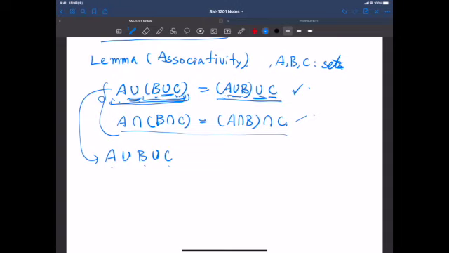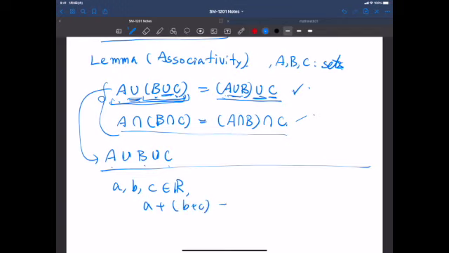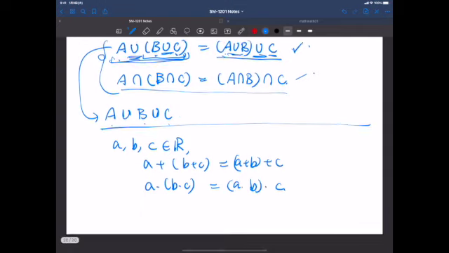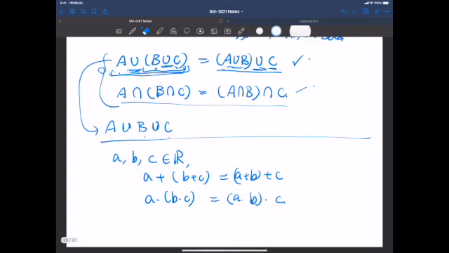And again, this is a very similar property as numbers. So suppose A and B and C are real numbers. We always have A + (B + C) is equal to (A + B) + C. And A × (B × C) is equal to (A × B) × C. So which addition comes first doesn't matter.